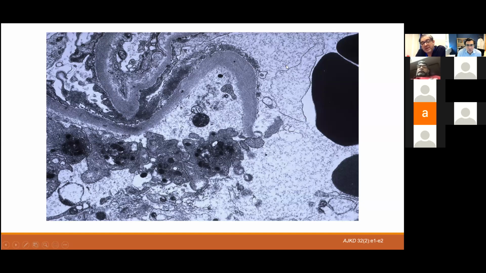But what you don't see in this area, and these are red blood cells here, what you don't see in this mesangial area here is any deposits at all. So you're not going to see deposits in ANCA-associated vasculitis. And this is why your immunofluorescence is dark. And why is that? It is because this disease is being driven by neutrophils that are already activated.